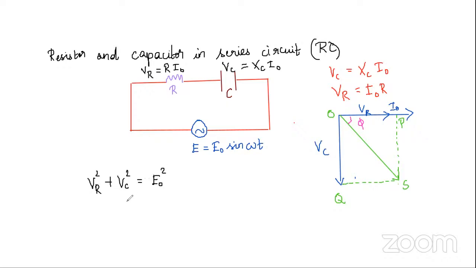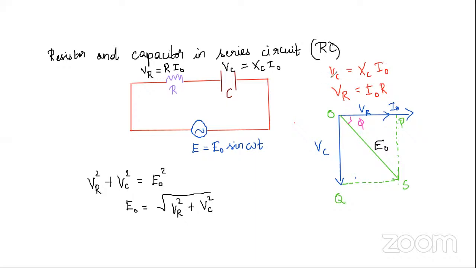So E0 is nothing but the square root of VR squared plus VC squared. This is E0, which is represented by this resultant.